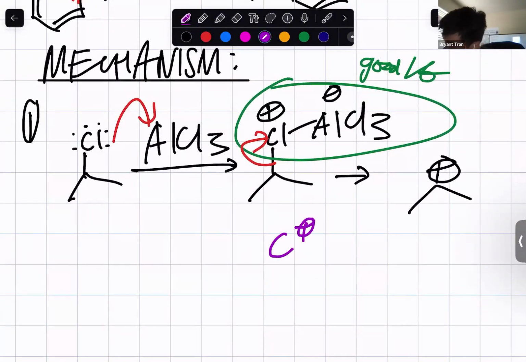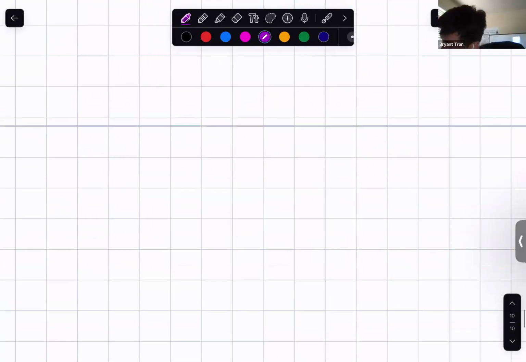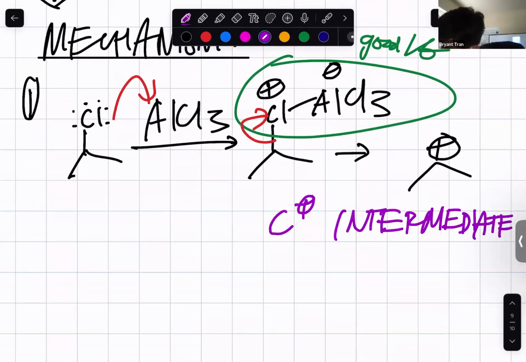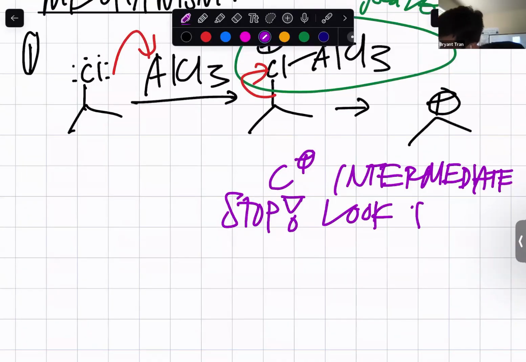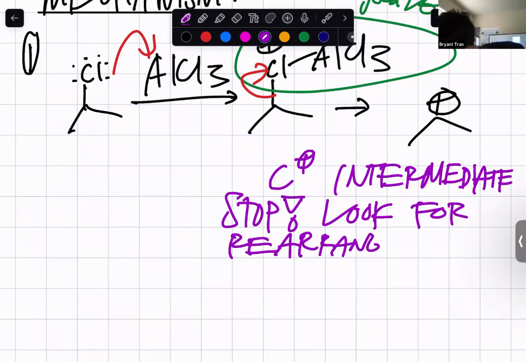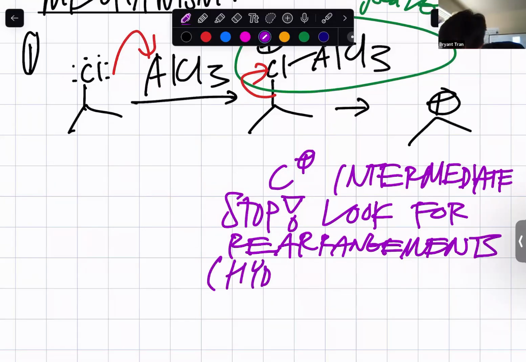Now, whenever you form a carbocation intermediate, you have to stop and look for any rearrangements that you could do, like a hydrogen shift or an alkyl shift, right, to make the more stable carbocation.